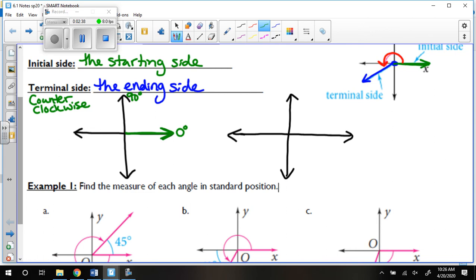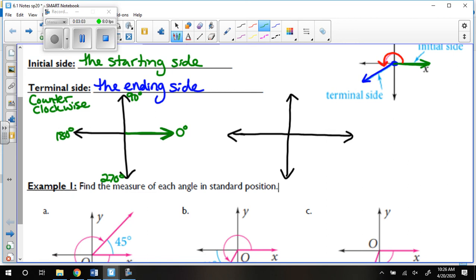Then we keep moving through the second quadrant and we get to our negative x-axis here, and that's 180 degrees. Then we move through the third quadrant and we're on the negative y-axis. That's at 270 degrees. If you notice, we're adding 90 degrees each time because that's what each quadrant is worth.